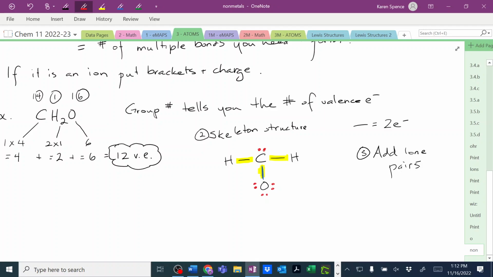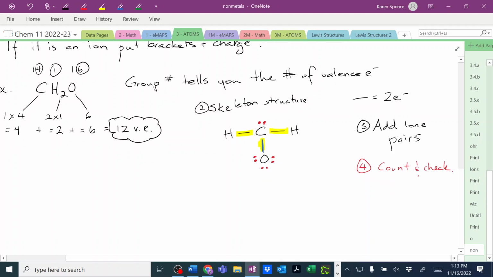All right, now, what is step 4? Count and check. So there's several ways of counting and checking. You can say I have 3 lines. Each line is 2 electrons. So that's 3 times 2 electrons gives me 6.